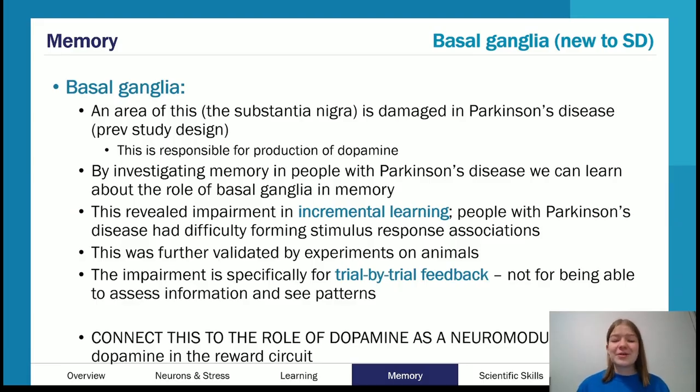So what I would do here is connect this to the role of dopamine that you've learned about as a neuromodulator. Dopamine is important in the reward circuit, and we're thinking about trial by trial feedback. It makes sense that we could see a weaker response to that.